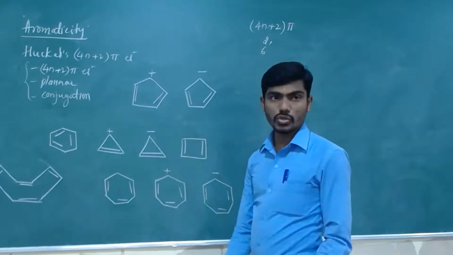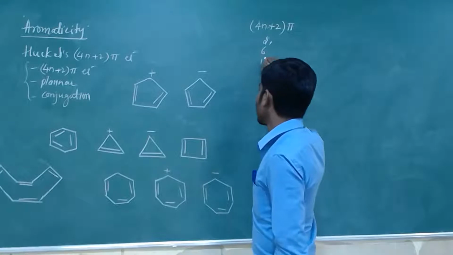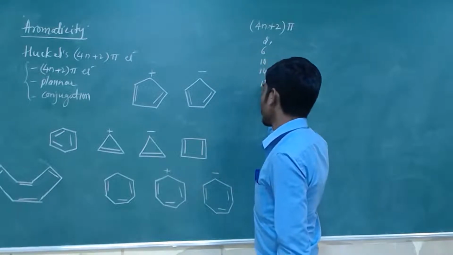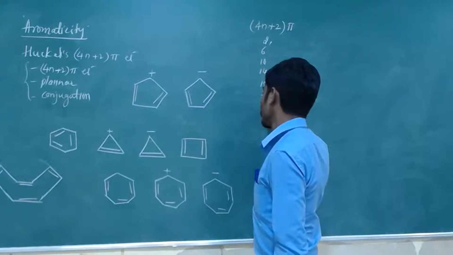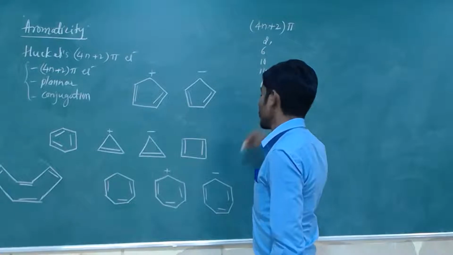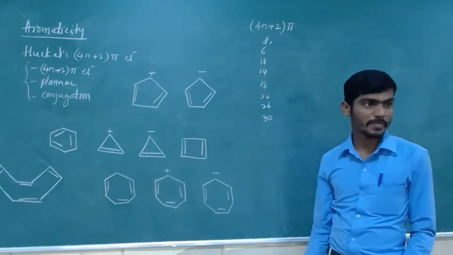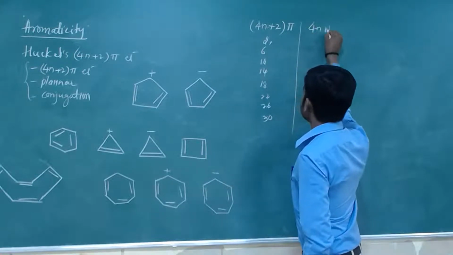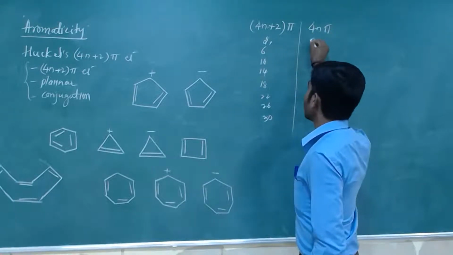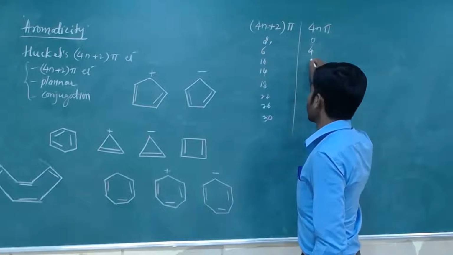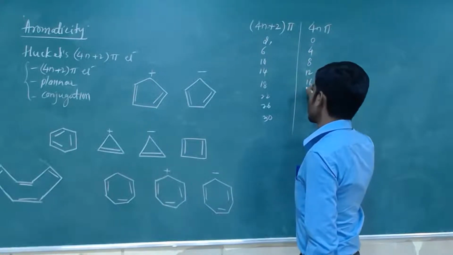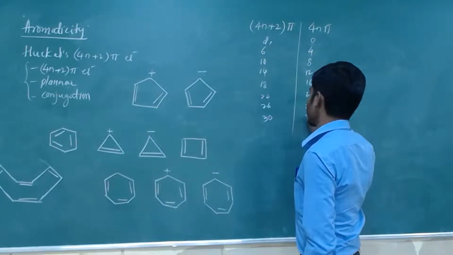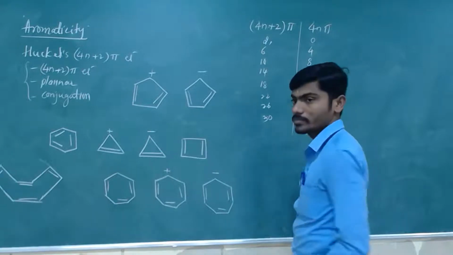If n is 2, 10. Next 14, 18, 22, 26, 30, etc. A difference of 4. What about the 4n rule? Just 4n pi electrons: n is 0, 1, 2, giving 0, 4, 8, 12, 16, 20, 24, 28, 32, etc.